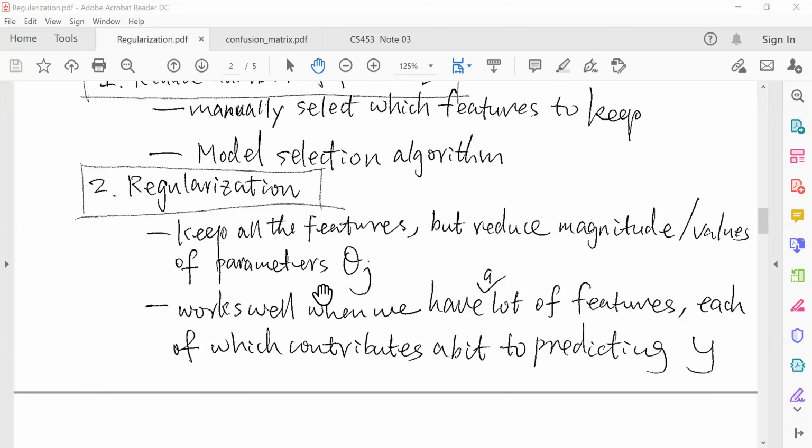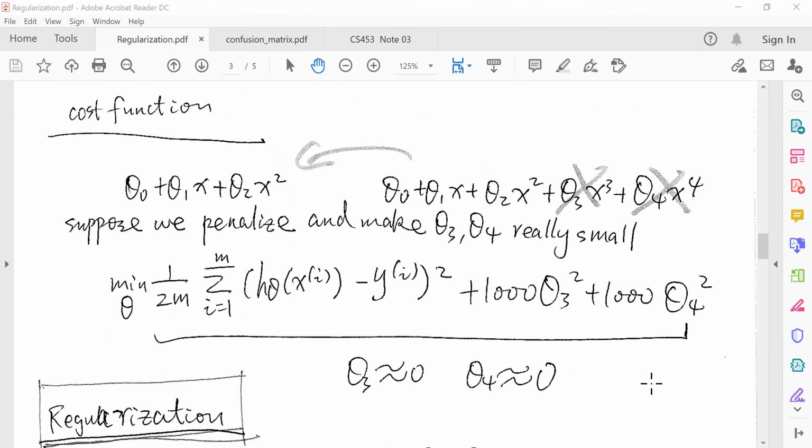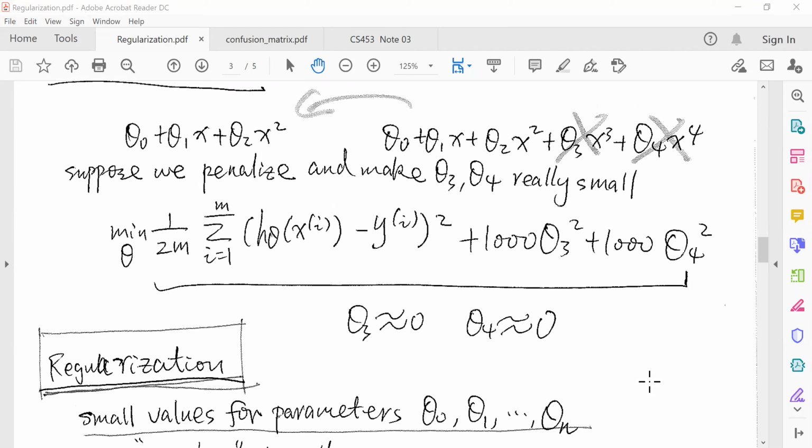It says it works well when you have a lot of features, because each of them contributes a bit to predicting the model. So that's generally how we tackle overfitting.